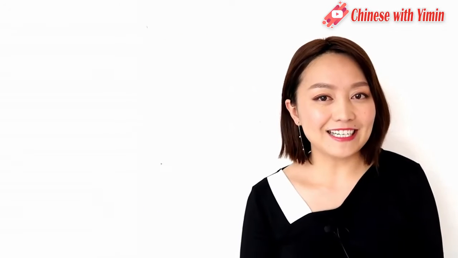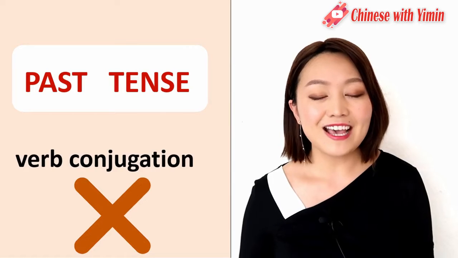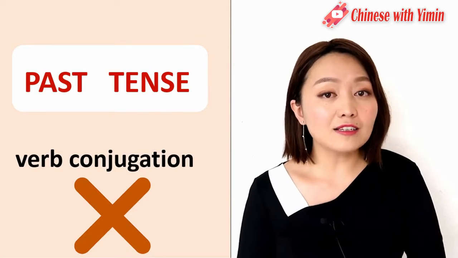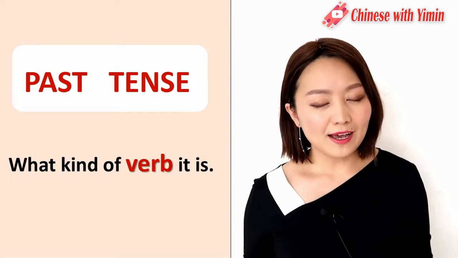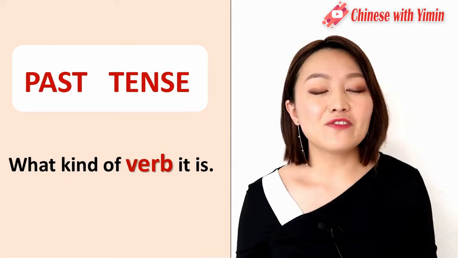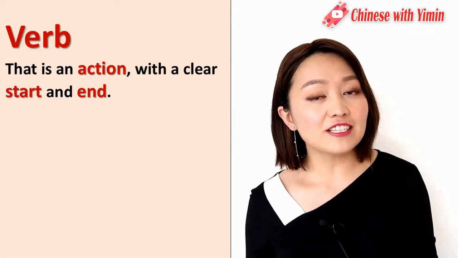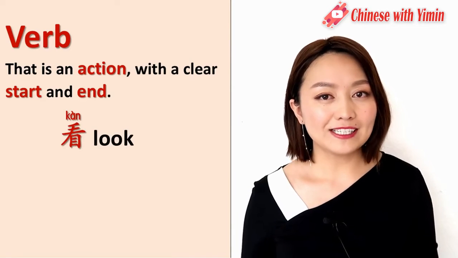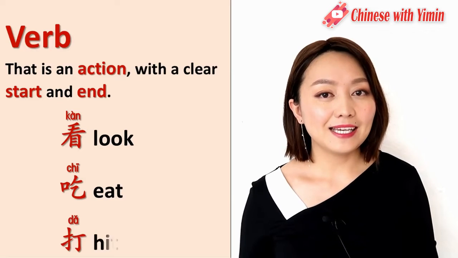First, let's see the past tense. There isn't anything similar to verb conjugations, so no worries about that. Instead, we need to pay a lot of attention to the meaning of the verb to see what kind of verb it is. First, the kind of verbs that are an action with a clear start and a clear end, like 看, look, 吃, eat, 打, hit.